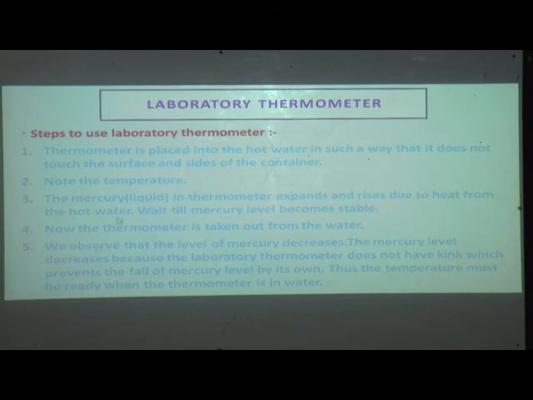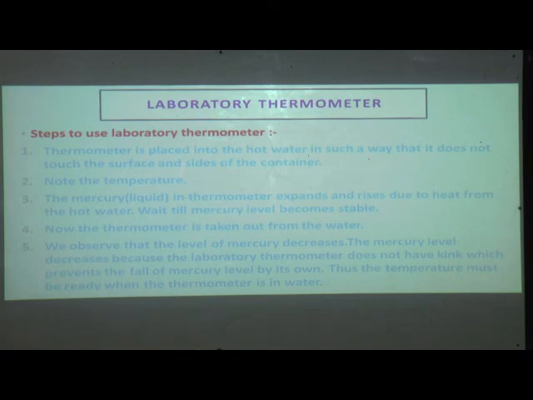Then next step, the thermometer is taken out from the water. When we note that temperature, after that we have to take out the laboratory thermometer. We observe that the level of mercury decreases. When the thermometer is in the hot water, we note the temperature and we can see that the mercury has risen.